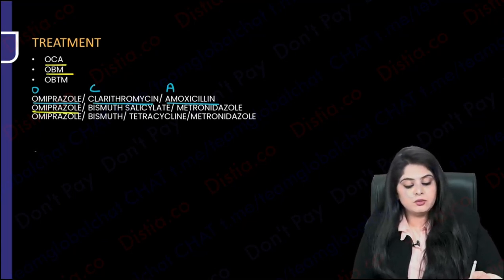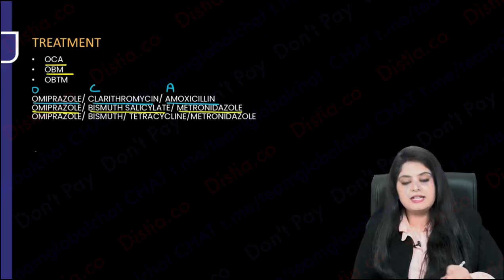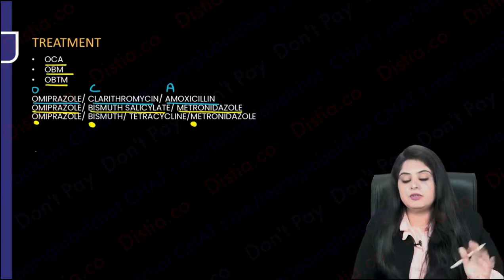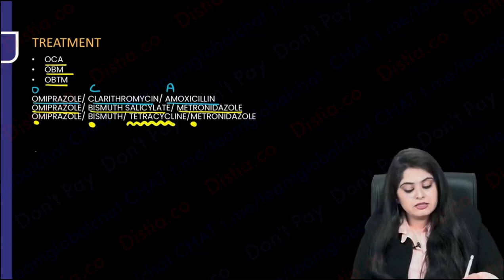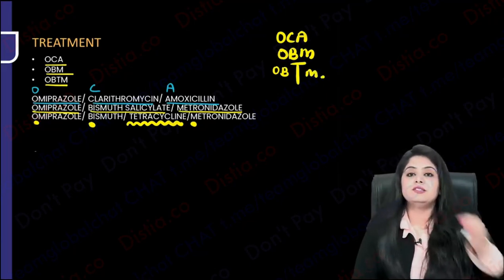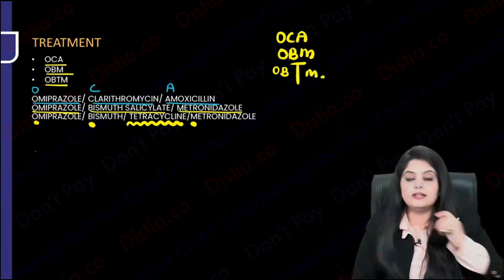In OBM, O is omeprazole, B is bismuth salicylate and M is metronidazole. And then we have the OBTM. OBM is the same, omeprazole, bismuth and metronidazole, and the T is tetracycline. So we have the OCA, the OBM and the OBTM with tetracycline and metronidazole. These are usually given for 14 days.